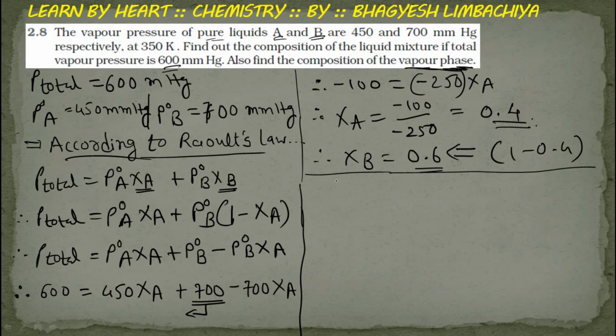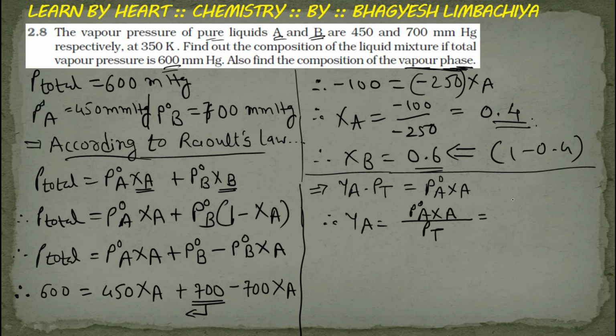composition is asked. So according to Dalton's law, the formula is YA into P total equals P0A XA, so that YA will be P0A XA divided by P total.